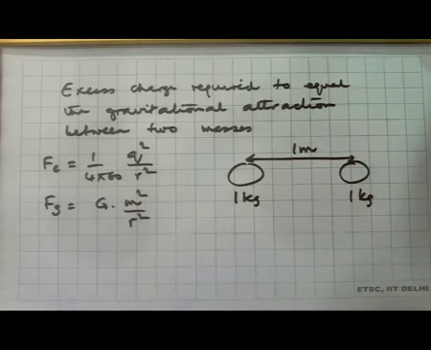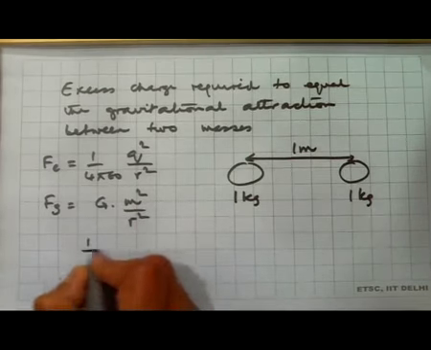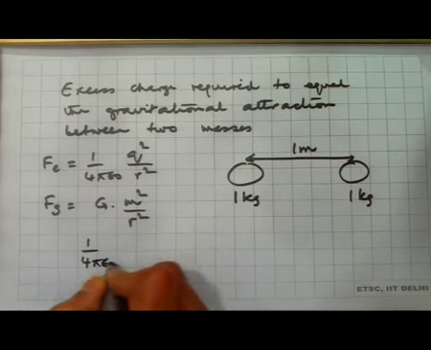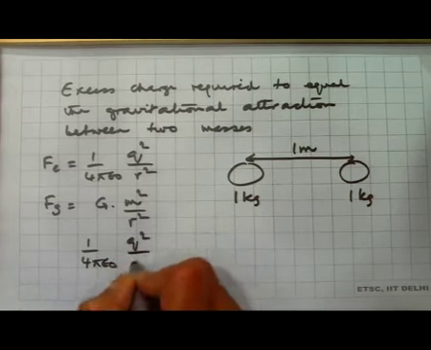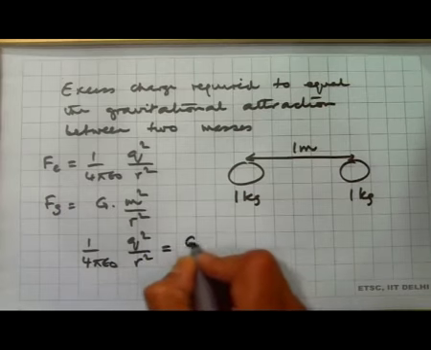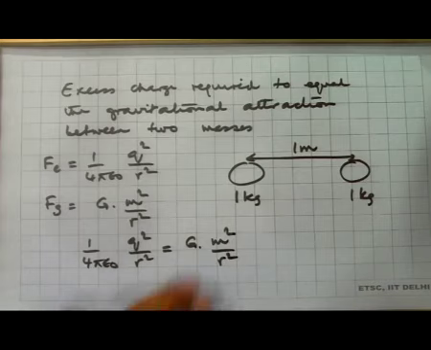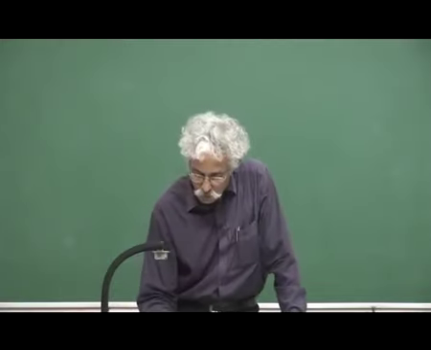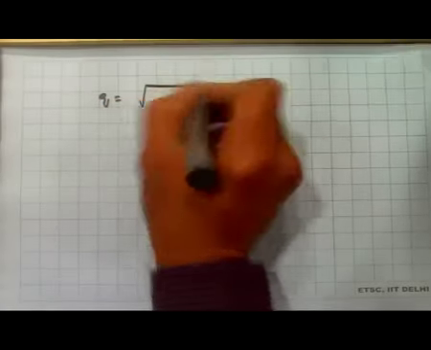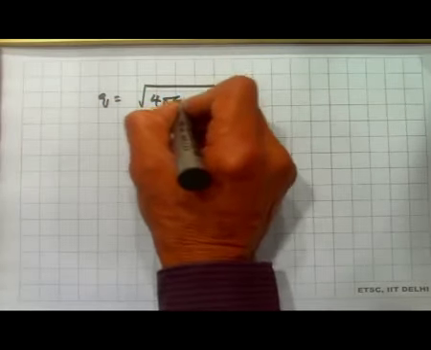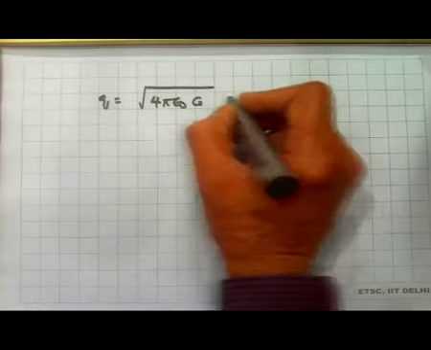These are magnitudes. If I want these forces to be equal, I must have 1 by 4 pi epsilon 0 q square by r square equal to G times m square by r square, and that gives me the following equation: q is equal to square root of 4 pi epsilon 0 G into mass.